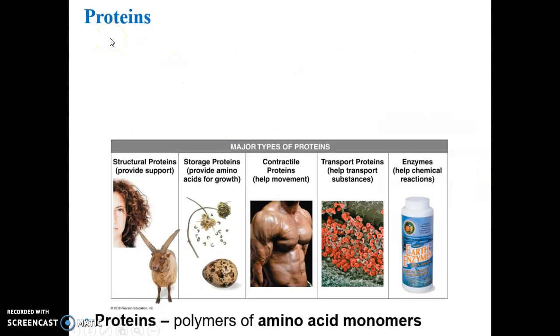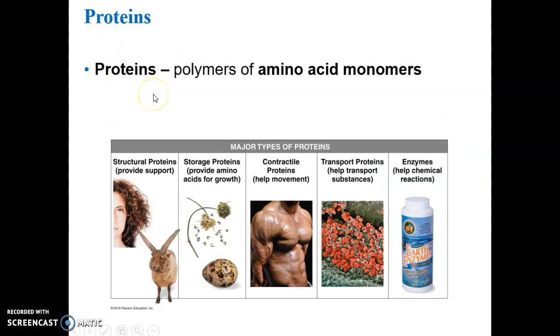So let's move on to proteins. Proteins fall into the structural characteristics that carbohydrates have, in the sense that monomers are linked together to form polymers. With the proteins, the monomers are amino acids, and they get linked together into the polymers that we refer to just as proteins.